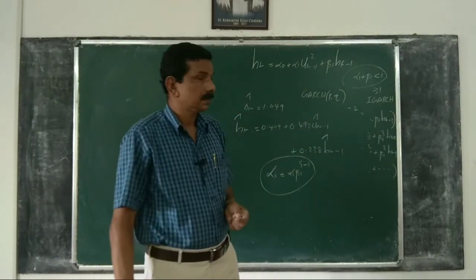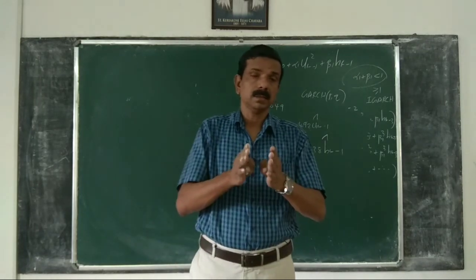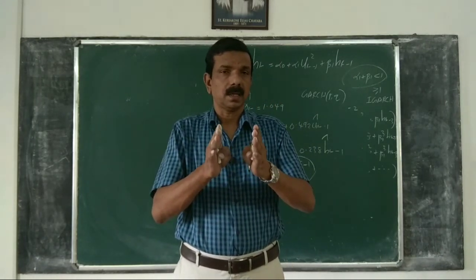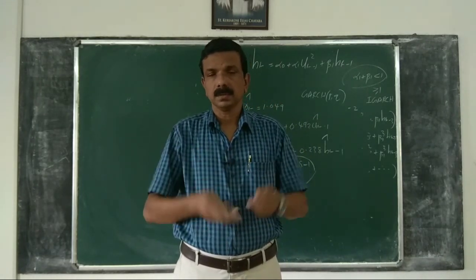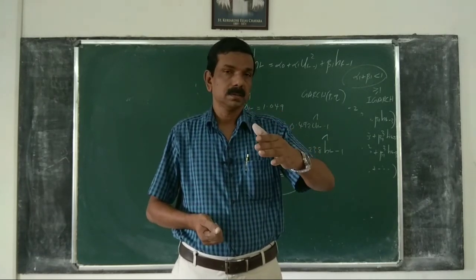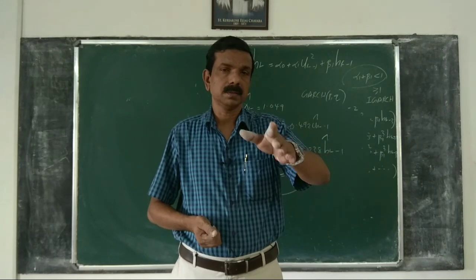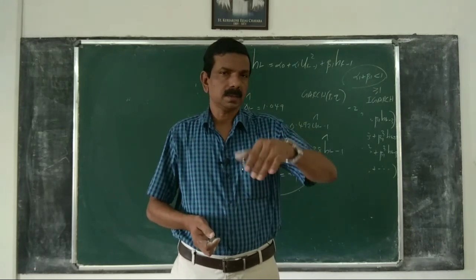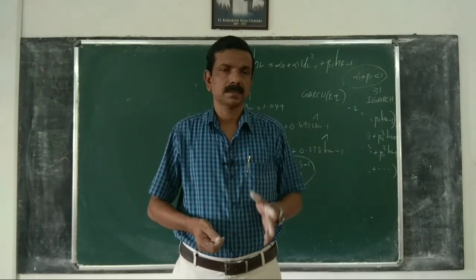So this is the second model. The first is ARCH q, not used extensively. The second is the GARCH model 1-1, p,q, like that. You have to experiment with the different models. That is all.